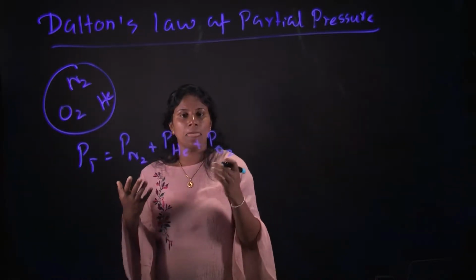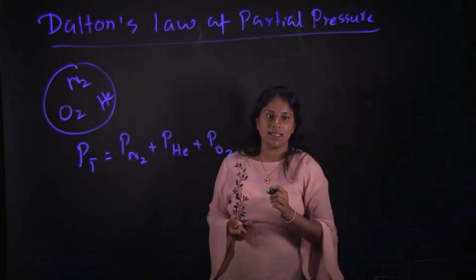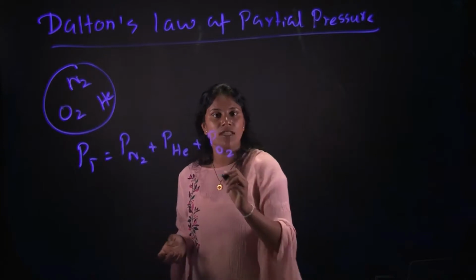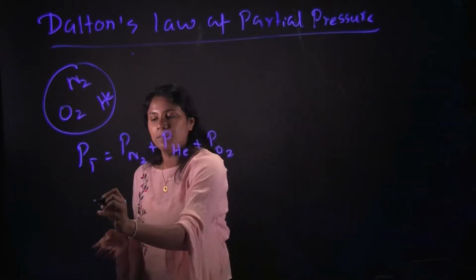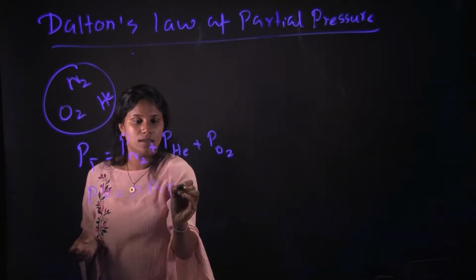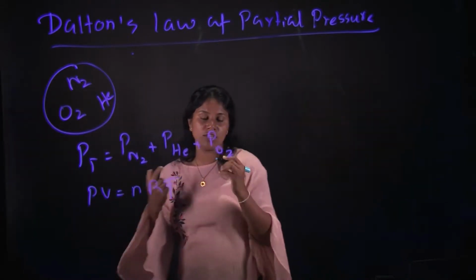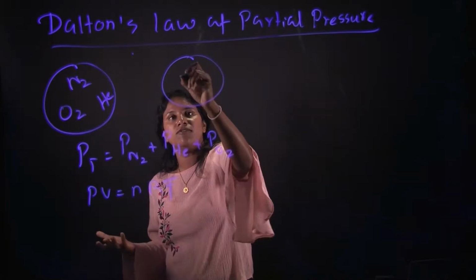So how do you find the pressure of each individual gas? In order to find the pressure of each individual gas, we have the ideal gas equation. We can write PV equals nRT. So what about the pressure of nitrogen? Let's take other than nitrogen to simplify.